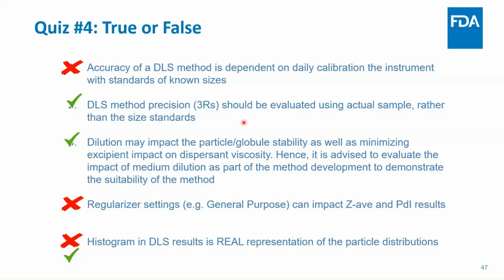It is showing you a representation of the calculated particle size distribution for the sample based on the intensity. Whether or not it's a real or true representation is another question.